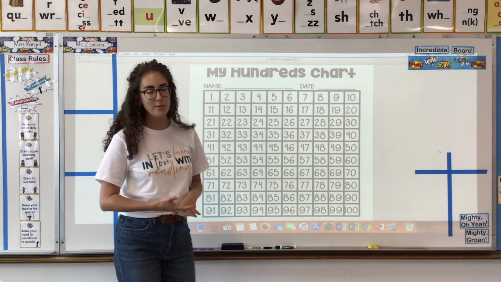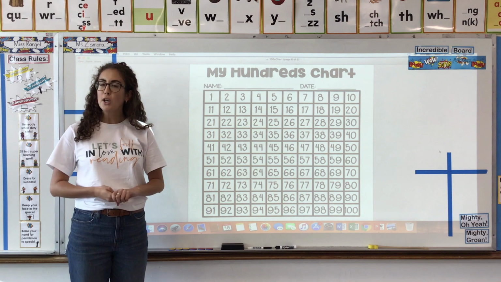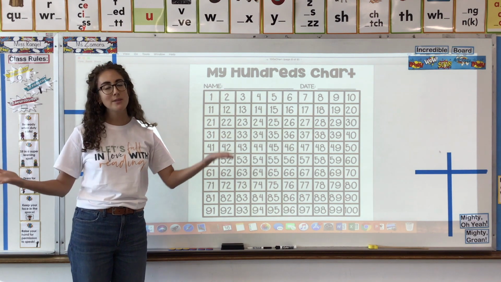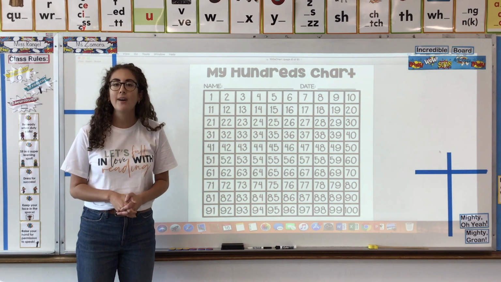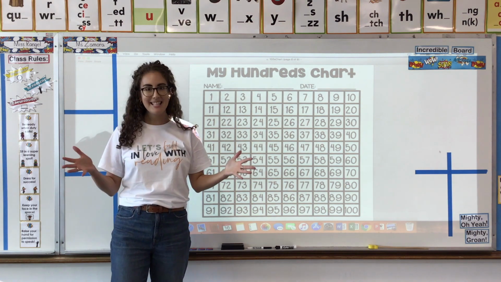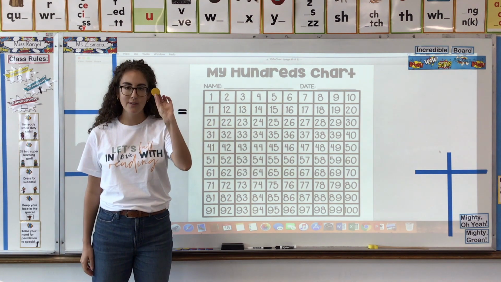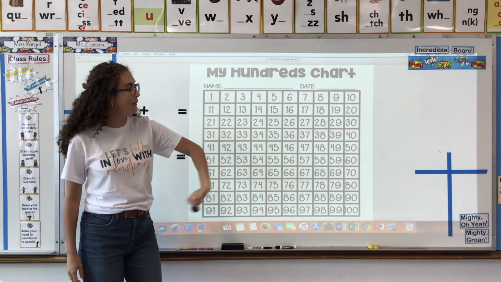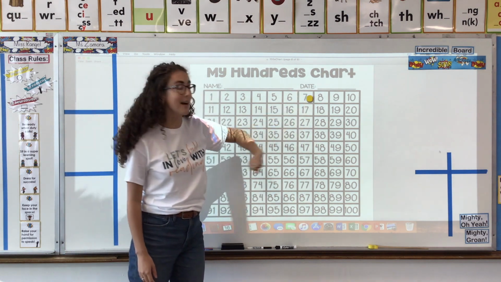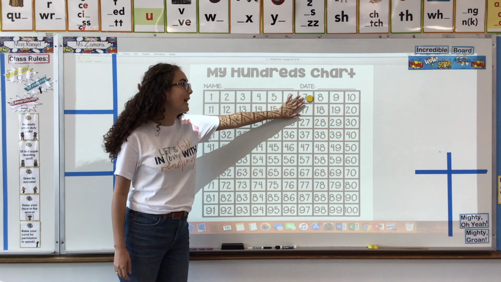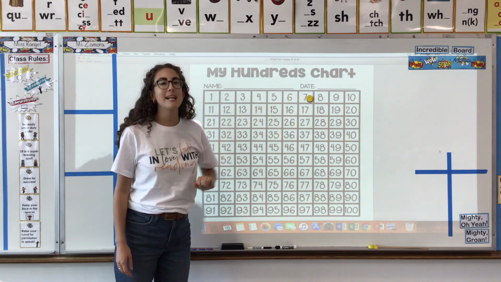Good job, Super Scholars. So, how are we going to use this hundreds chart to help us find the next 10? Let's see. I want you to take one of your counters, any color, and place it on the number 7.